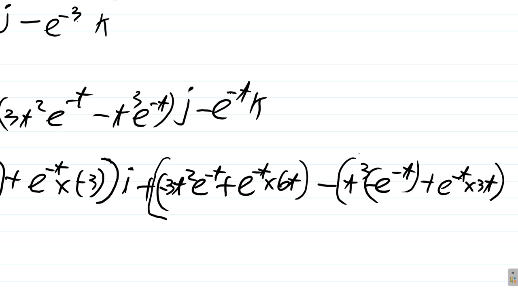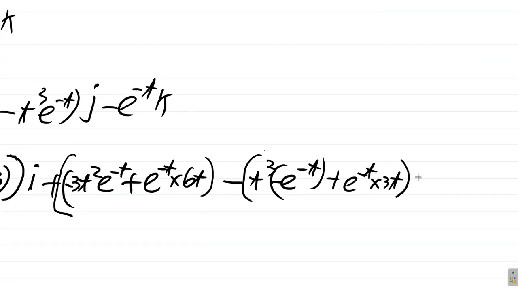See that? That's j. Minus negative e to the negative t, k.